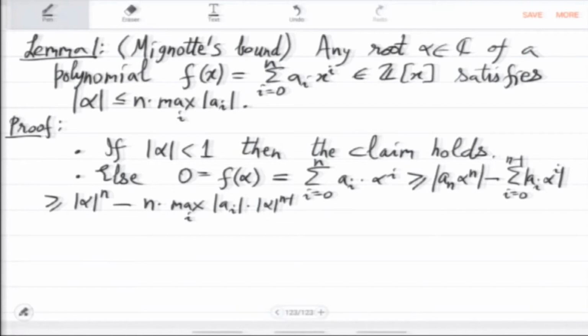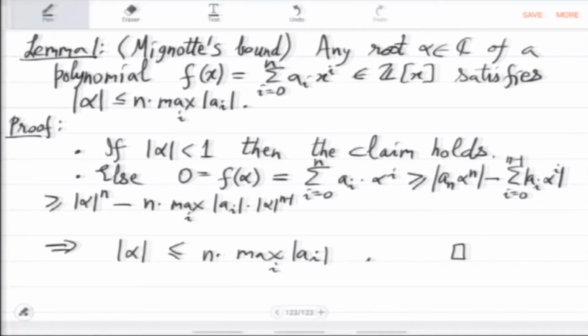And remember, 0 is greater than or equal to this. So what you get is alpha is less than or equal to n times max of a_i, which is what you wanted to show. So it's a simple proof. Just look at the evaluation of f at alpha and you will get this.